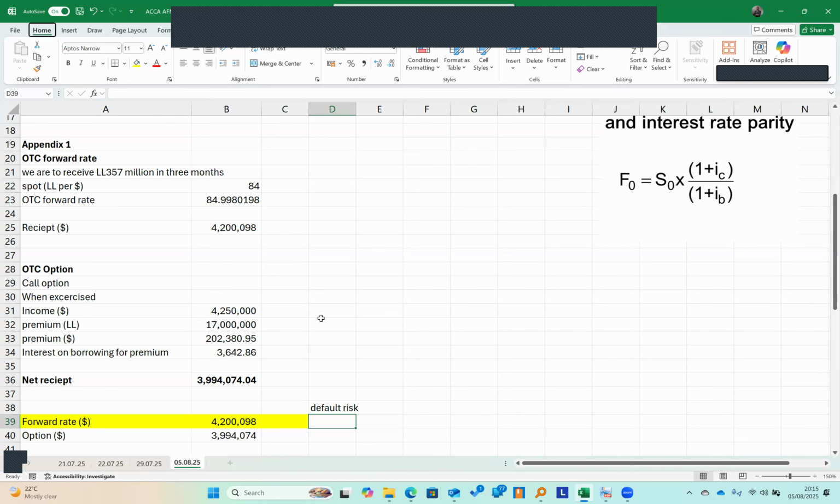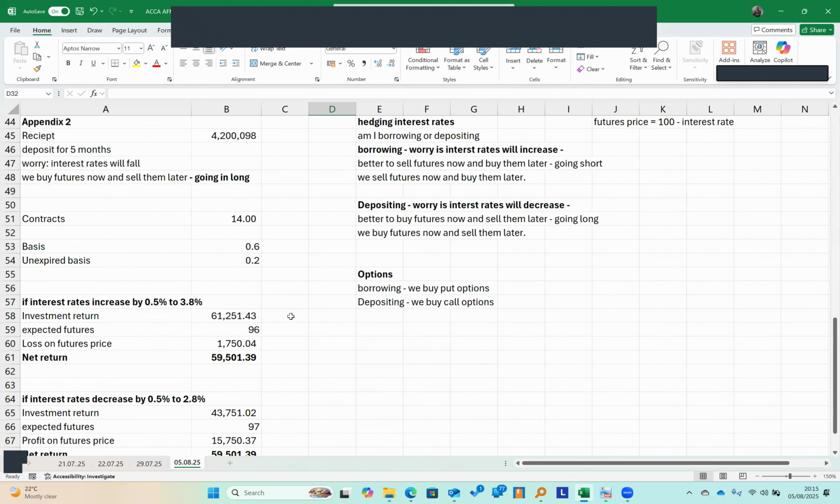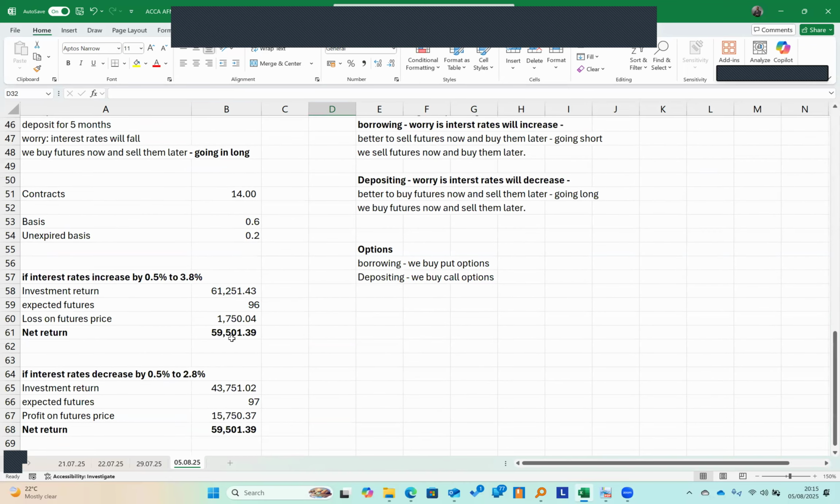Then, on the other hand, when we are looking at the futures, we have found out that we are getting the same amount if the interest rates increase or decrease. This is expected because the forward rate and the futures fix you on a given interest rate, such that even if the interest rate were to increase or decrease, that's what you will be paid.